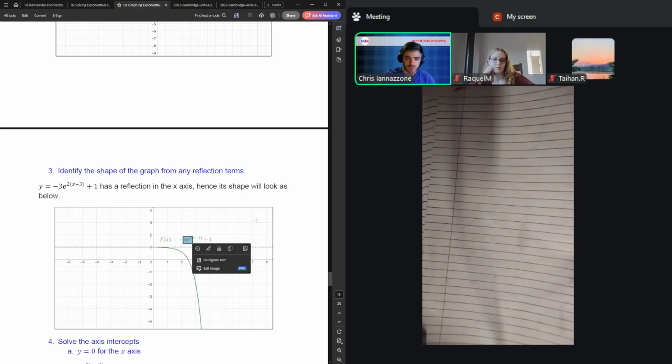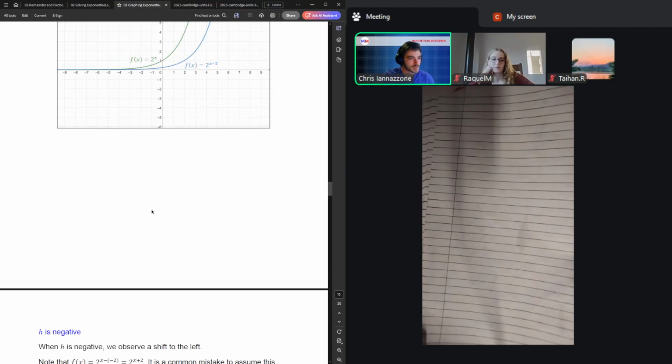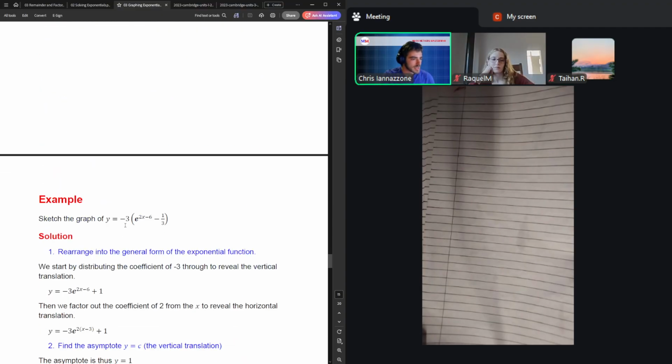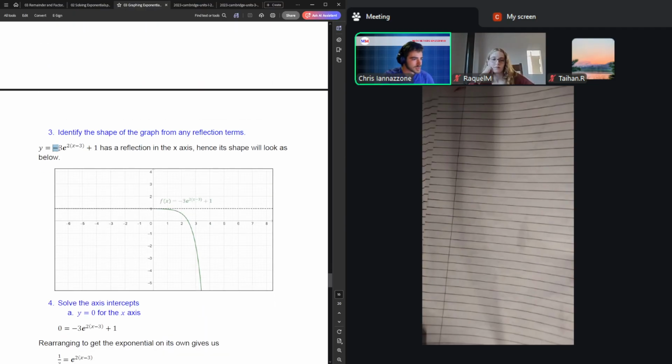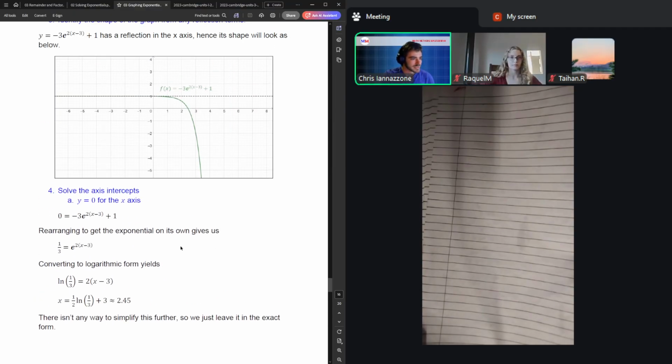So e is a special number, kind of like pi. It's roughly 2.7. All you need to know is that the e graph is up and to the right, by default anyway. But because we had a negative, a reflection term here, it's going to now go down instead. From here you solve the axes intercepts. Don't worry too much about getting this x-intercept. It's got logarithm stuff in it.